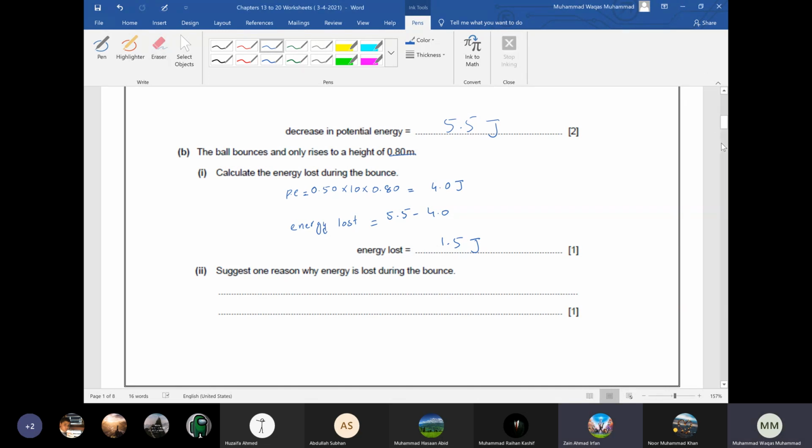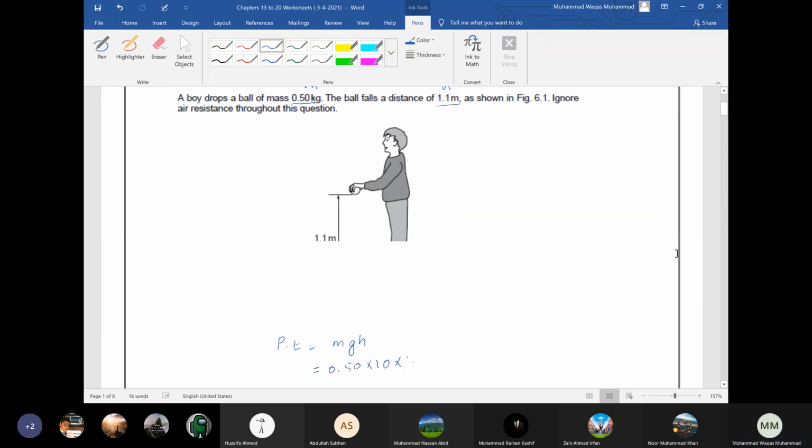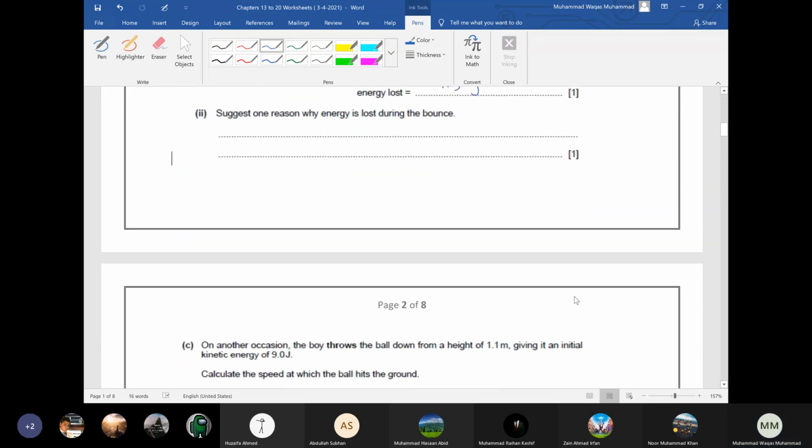So beta, you can say heat generated in the ball, or you can say the ground, ball or ground.